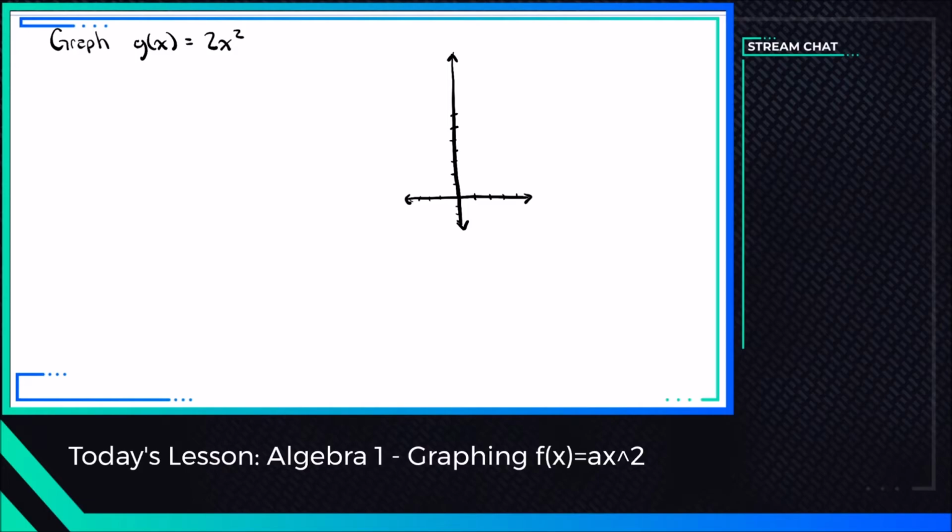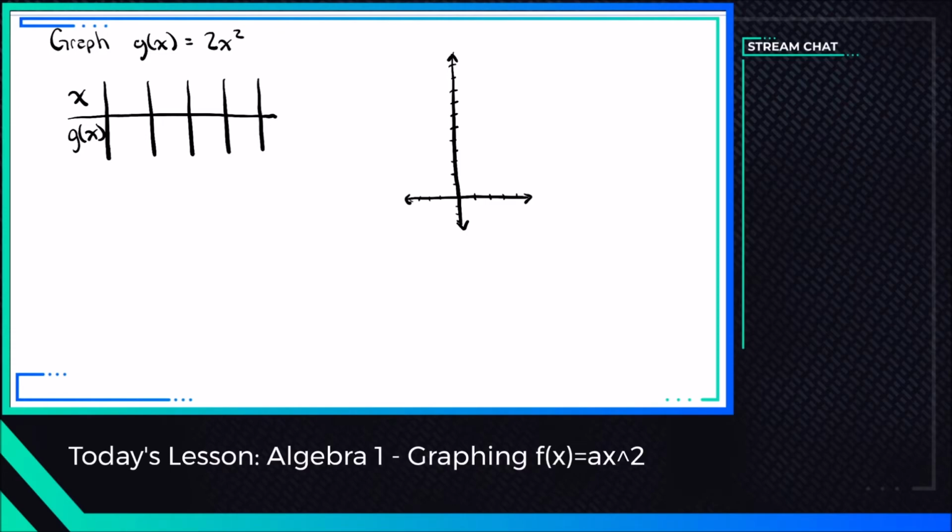So there's our graph. And let's go ahead and just start plugging in some numbers into a table. So we're going to have x on top, g of x on the bottom, and then we'll just plug in numbers to see what we get.